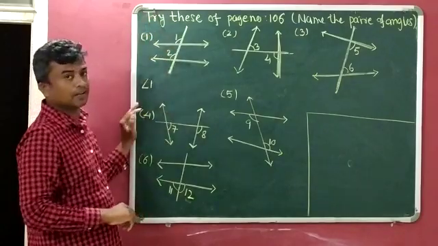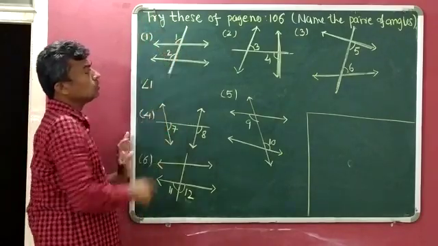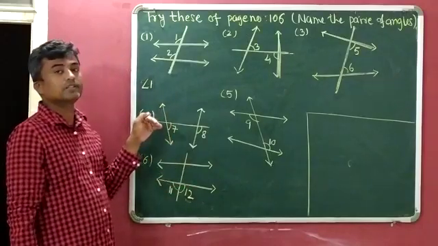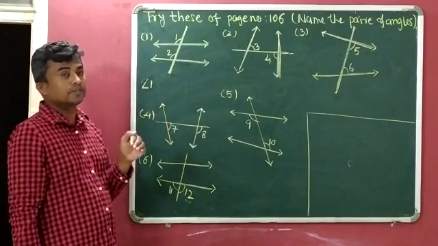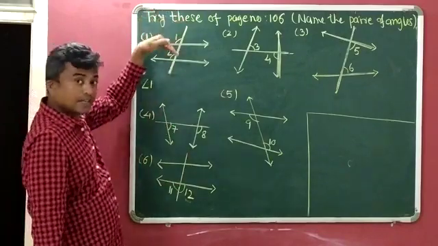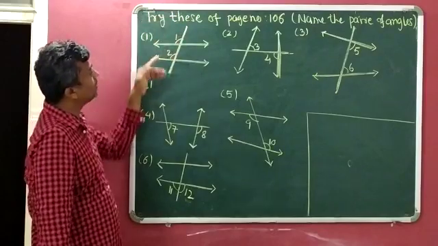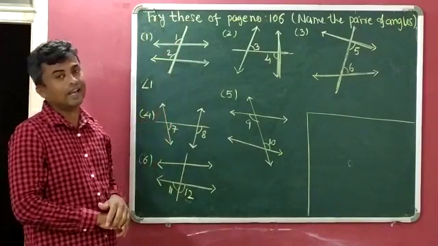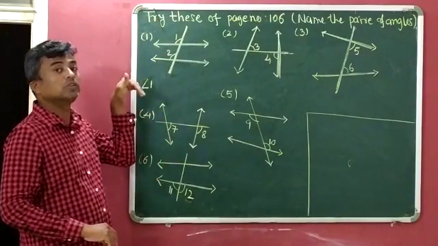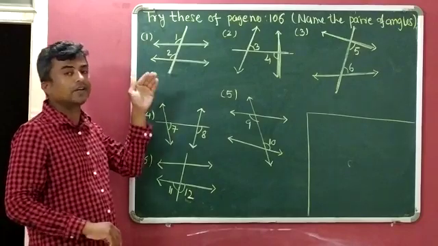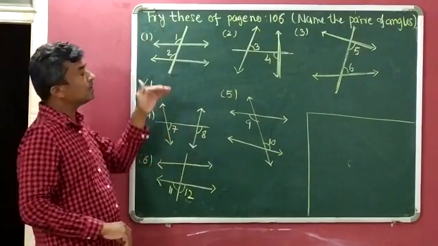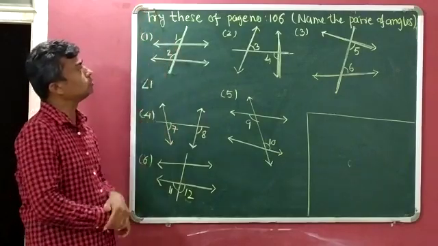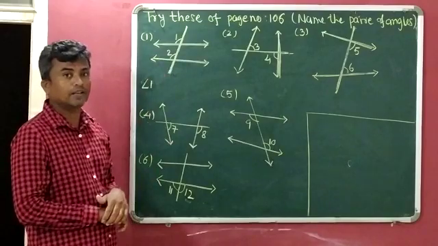Both are upside angles. So angle 1 and angle 2 are a pair of corresponding angles, because they lie on the same side of the transversal and are in corresponding positions, both on the upside.